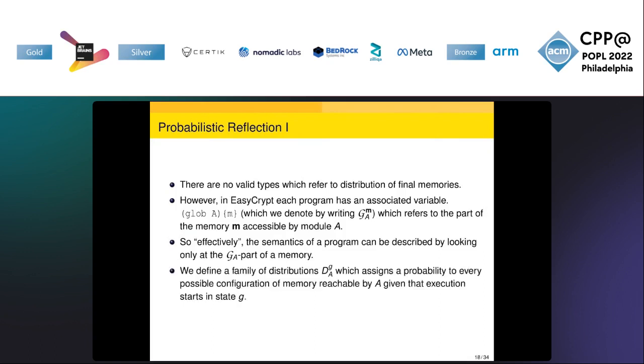We define a family of distributions which, given an initial memory configuration, assigns a probability to every possible final memory reachable by that module.